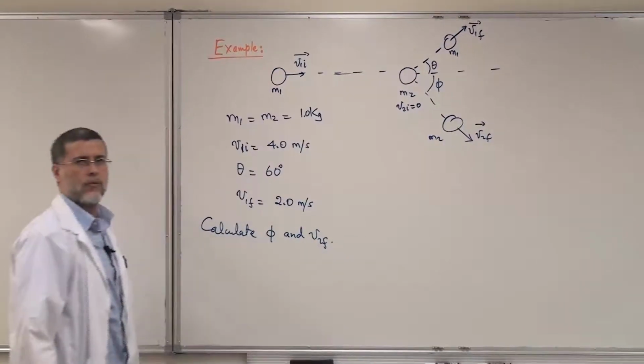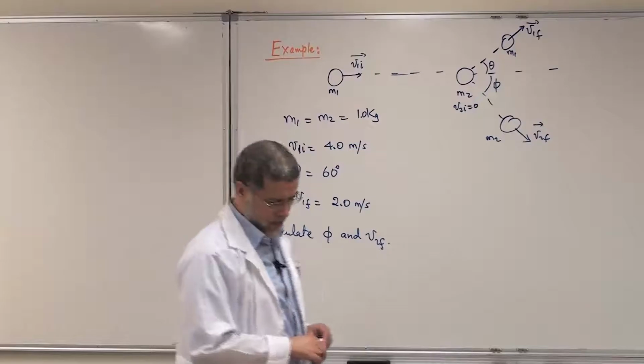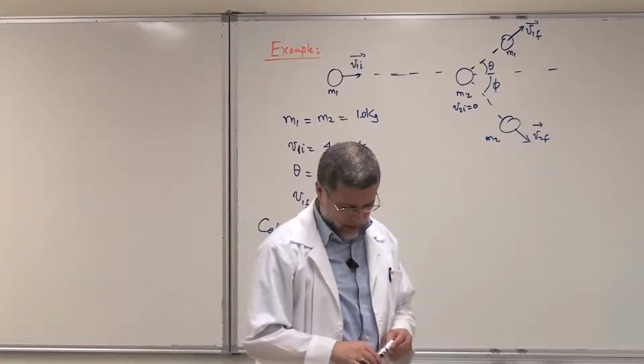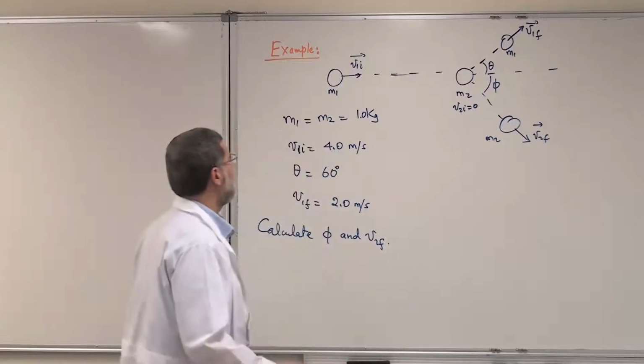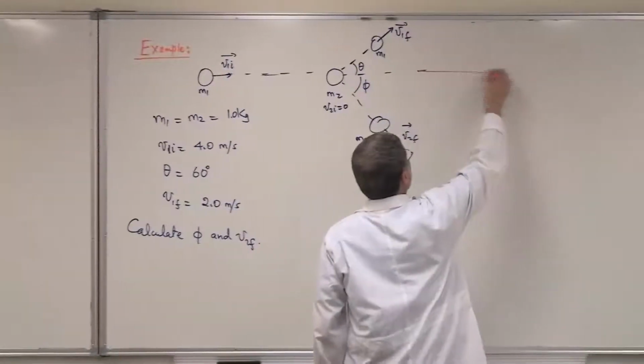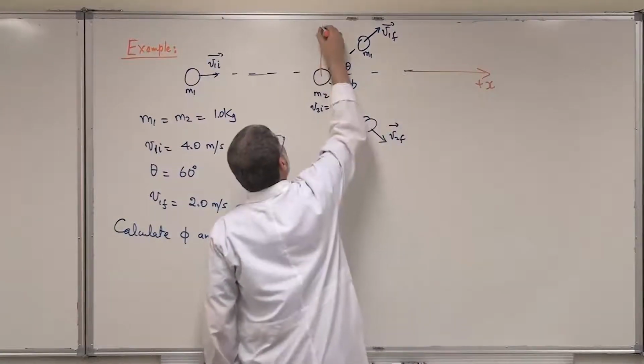Okay, so we have two unknowns. How many equations do we need? We need two equations. Let's write the conservation of linear momentum. So we take this positive x-axis, and this is the positive y.